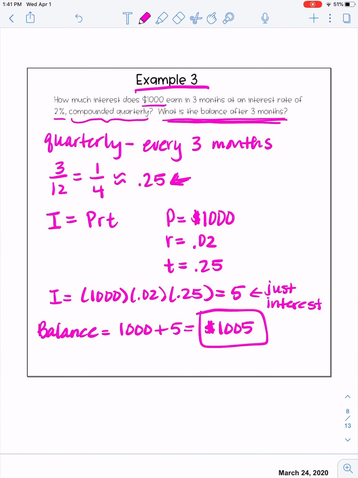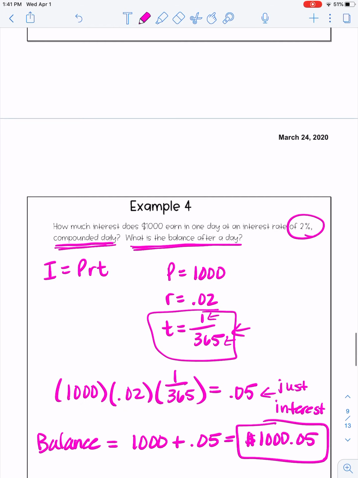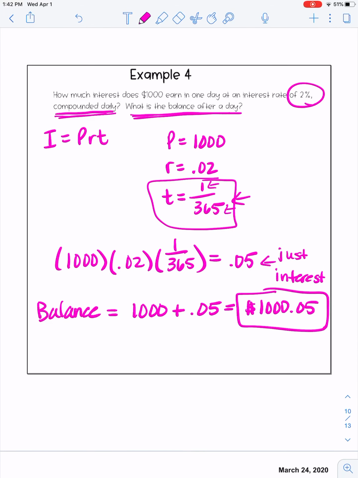So if you think about that, every quarter, there's 3 months out of 12 months in a quarter. That's how I did that, which reduced to 1/4. So here I was looking at it in terms of months. There's 3 months out of 12 months in a year. And for this one, as far as days, there's 1 day out of 365 days in a year, okay?